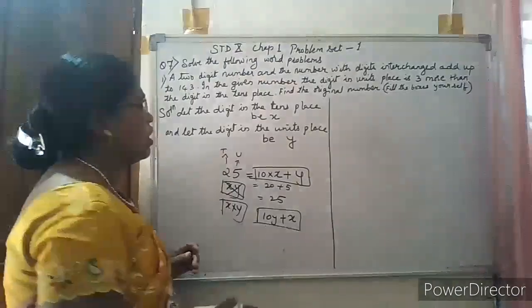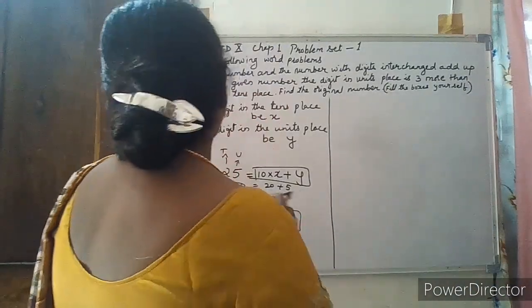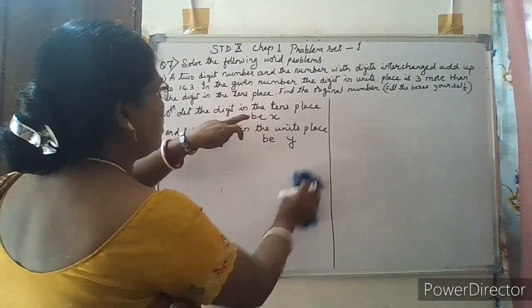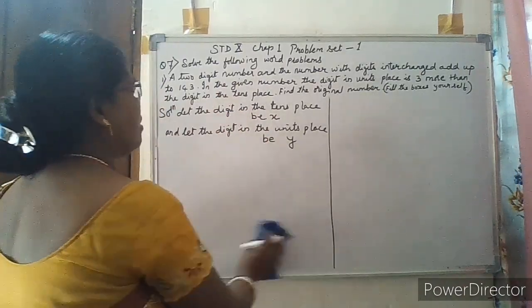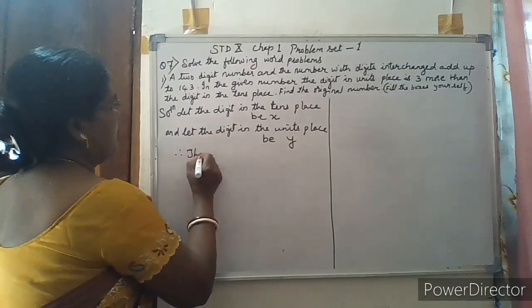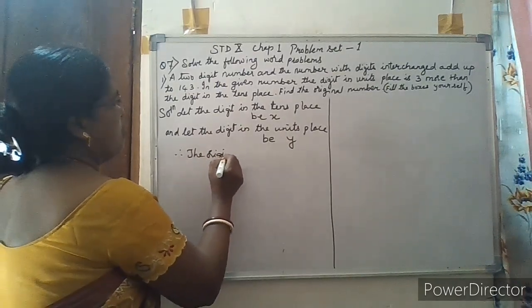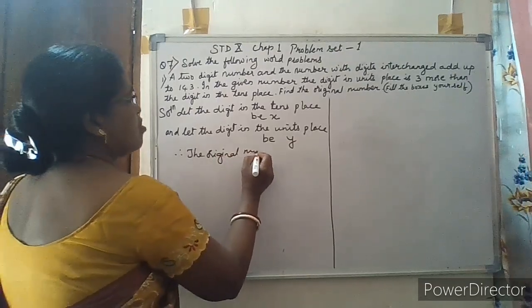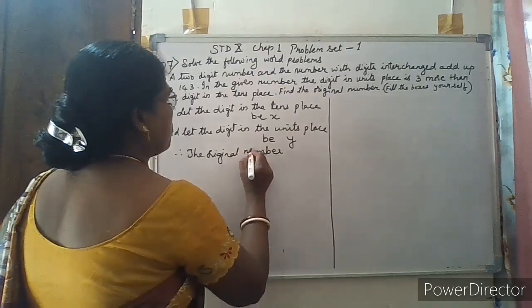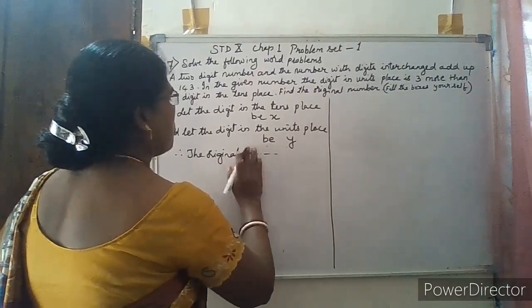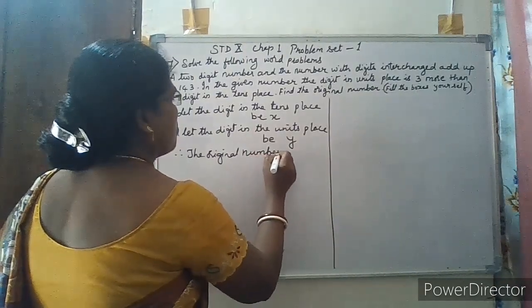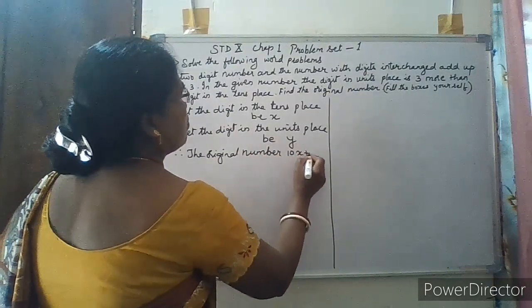Therefore, I have taken the tens place digit as x and the units place digit as y. The original number is 10x plus y.